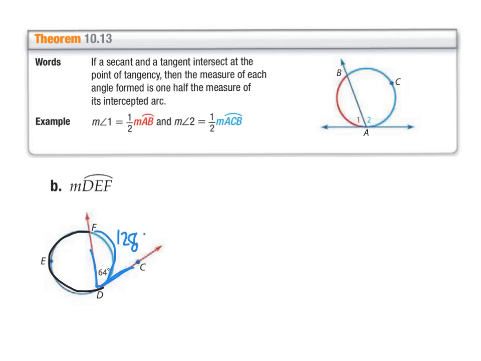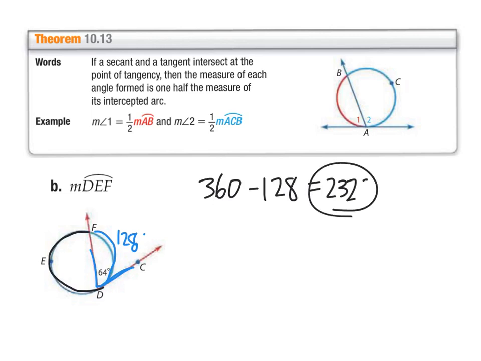So that's the measure of arc DF. Now to find the measure of arc DEF, we have to do 360, because the entire circle would be 360, minus 128, and that's going to give us 232 degrees. So the measure of arc DEF is 232 degrees.